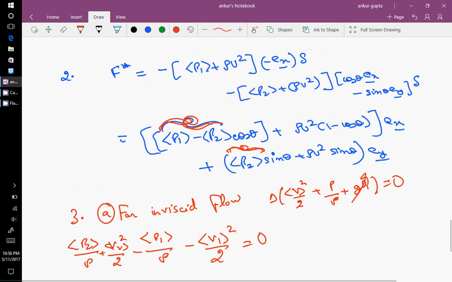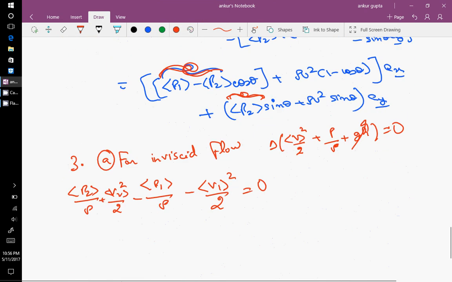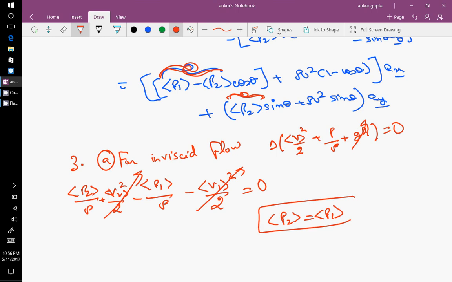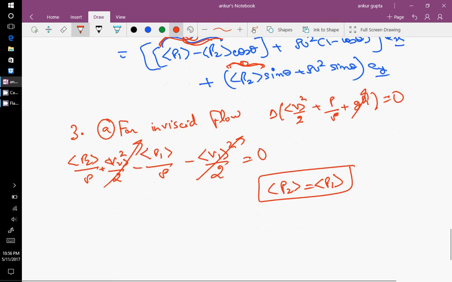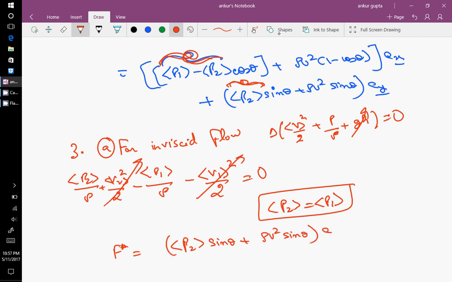This is what we get, where 1 and 2 are again at this point and this point. Because we know velocities are the same from mass balance, what we are saying is there will be no pressure drop. Okay. So if that happens, our F star is p2 sin theta plus rho u square sin theta dy.